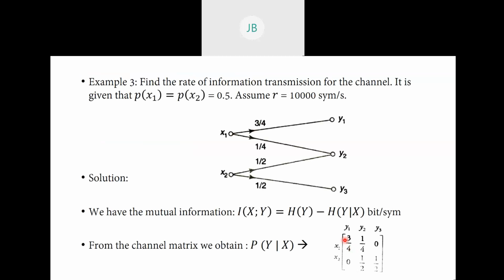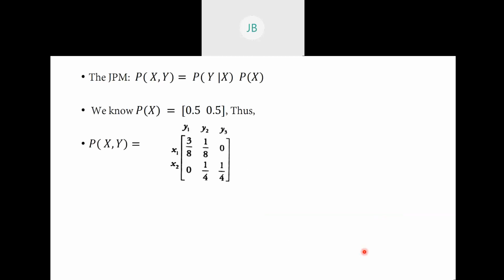This element is multiplied by 0.5, and multiplying by 0.5 is like dividing by 2. So that becomes 3 by 8. This is 1 by 8 and so on. That is what is written here: 3 by 8, 1 by 8, and other terms 1 by 4, etc.